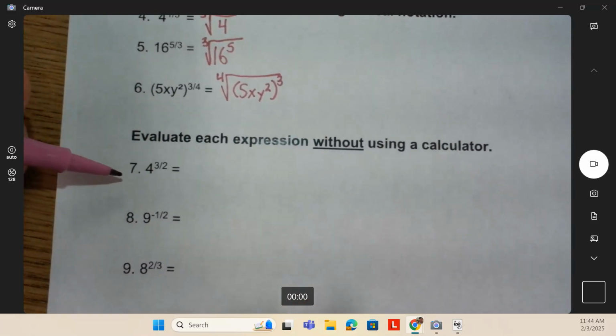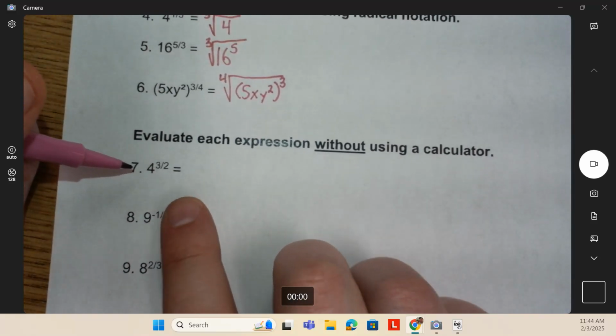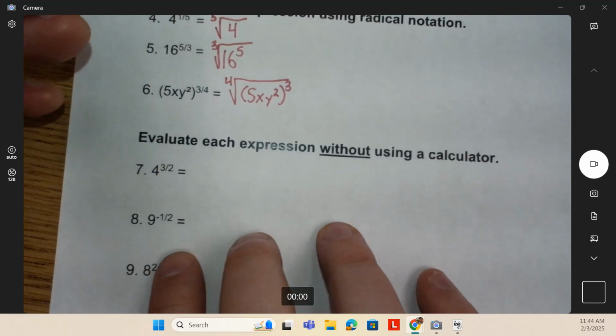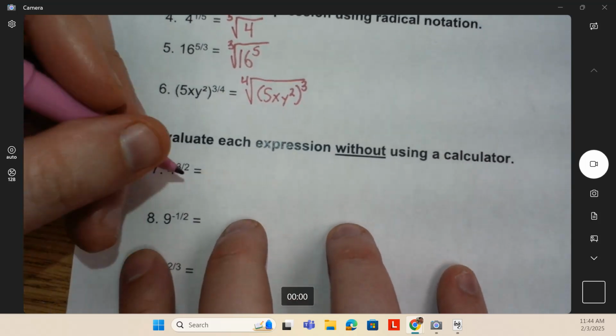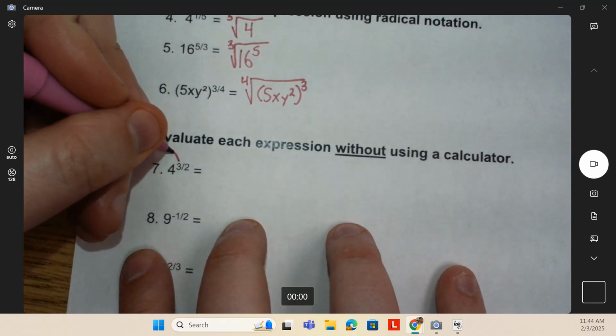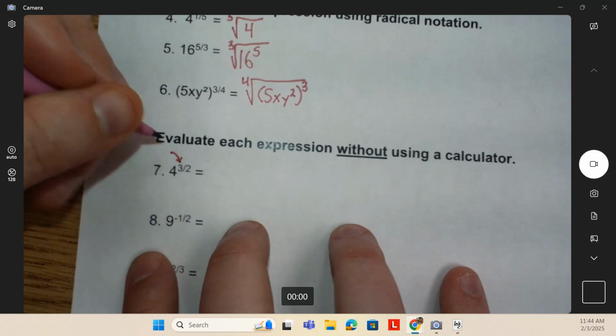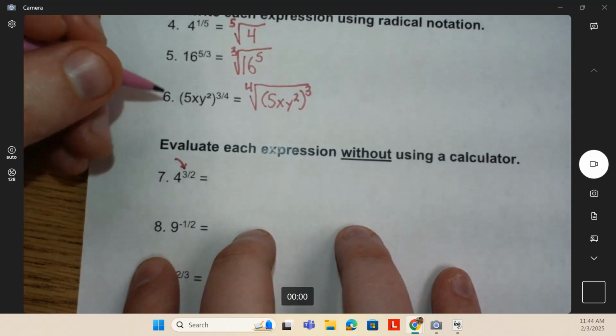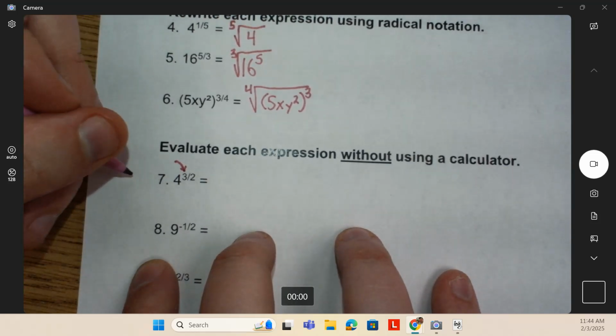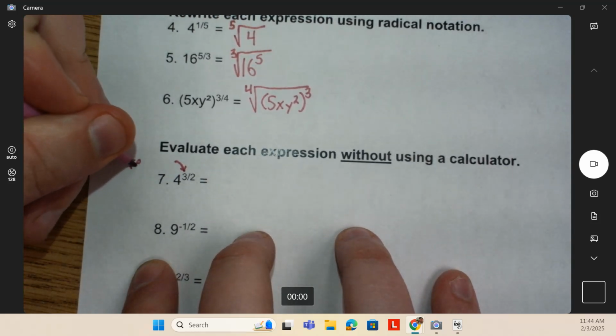Okay, so moving on, we're going to evaluate this expression without using a calculator. So an easy way to think about this is that exponent is how many times, and they label it as p. So I'm going to think repeat.